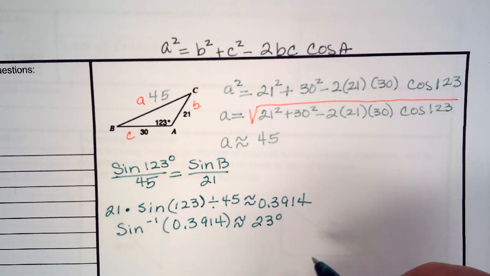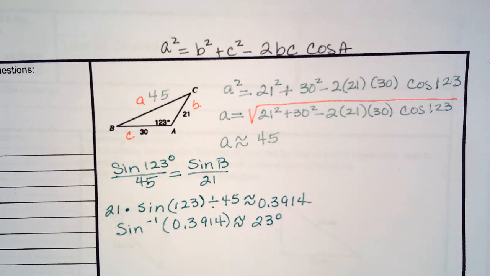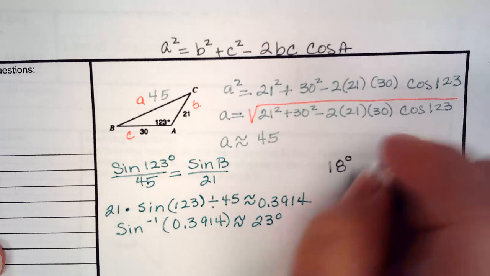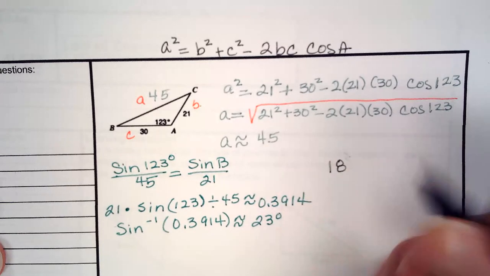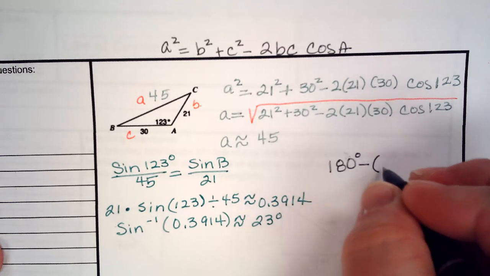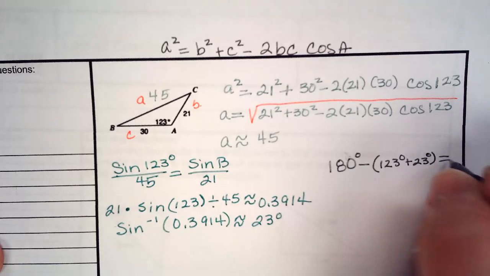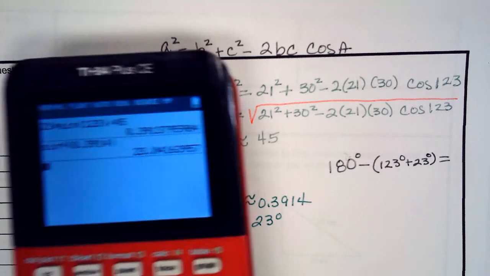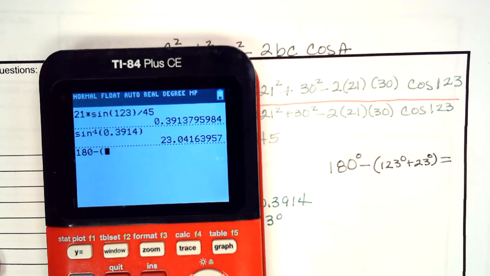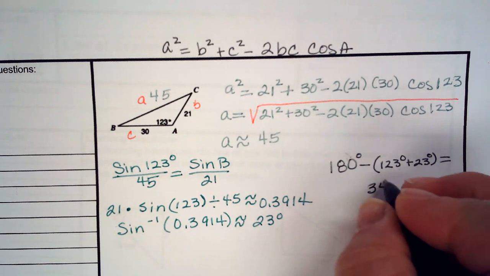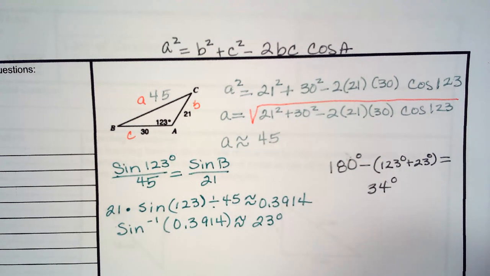Okay, so this time I'm going to use the triangle sum theorem to find that last angle. 180 degrees minus 123 degrees plus 23 degrees is 34 degrees. We've got all of the angle measures.